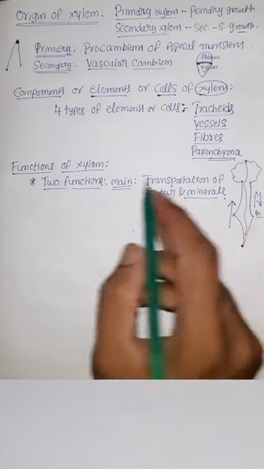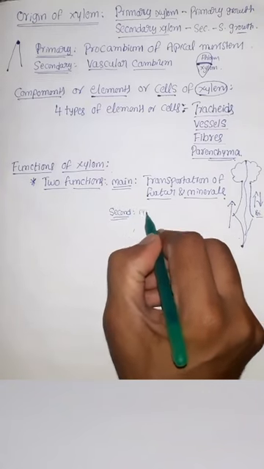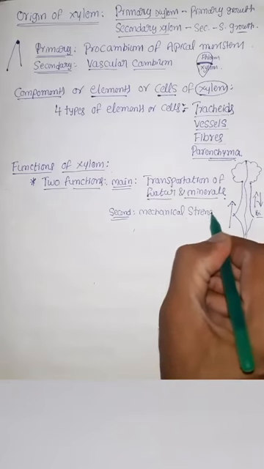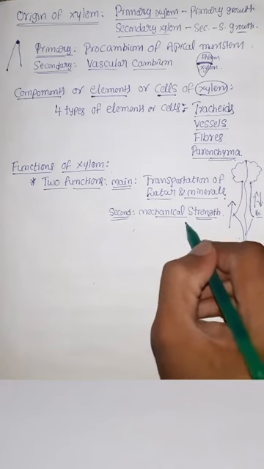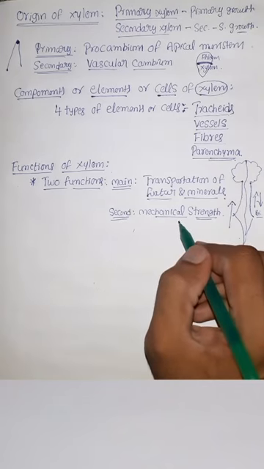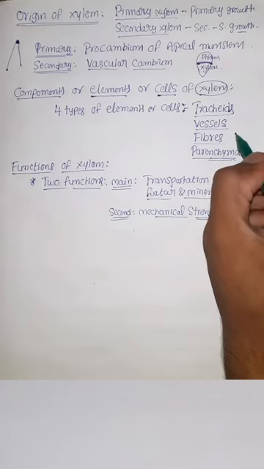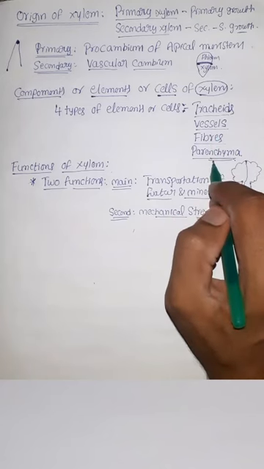The second function is mechanical strength. It provides mechanical strength to the plant body. How can they provide mechanical support? Here we have four cells: tracheids, vessels, fibers, and parenchyma.